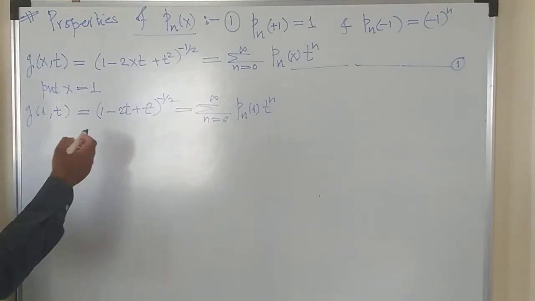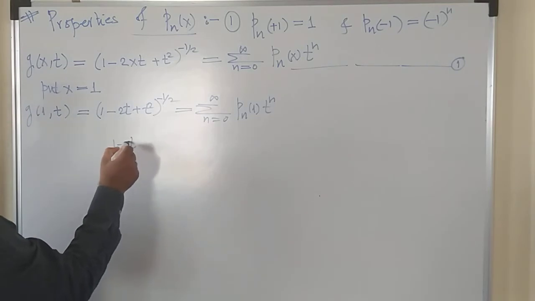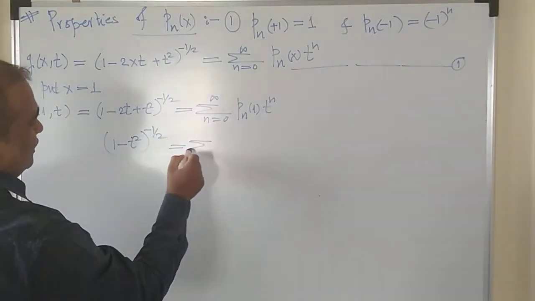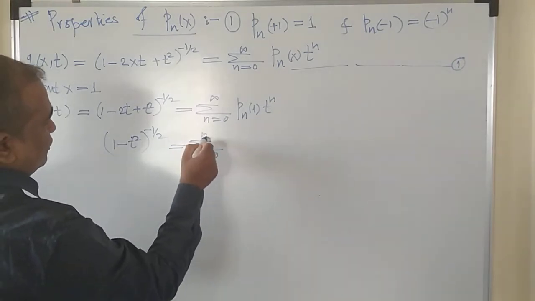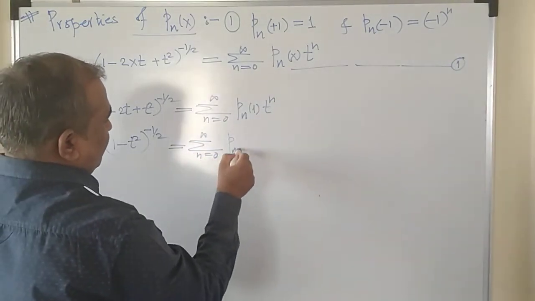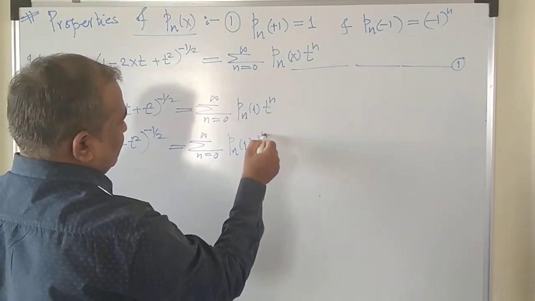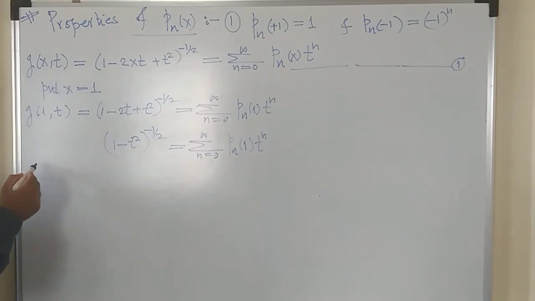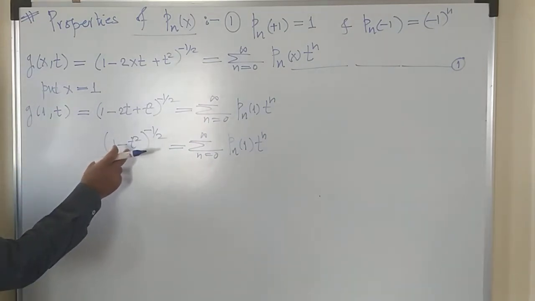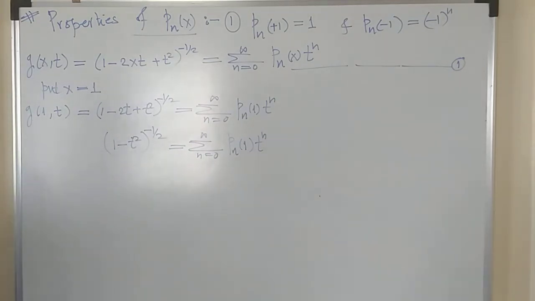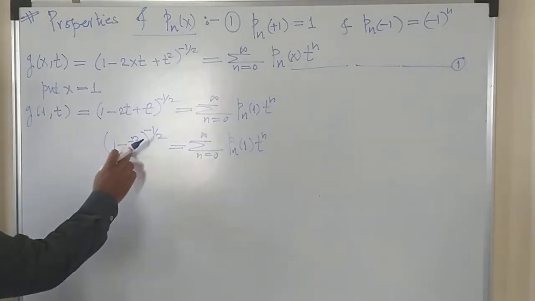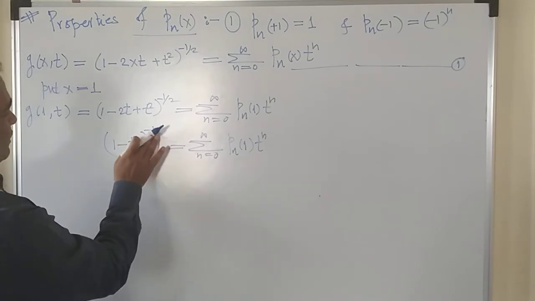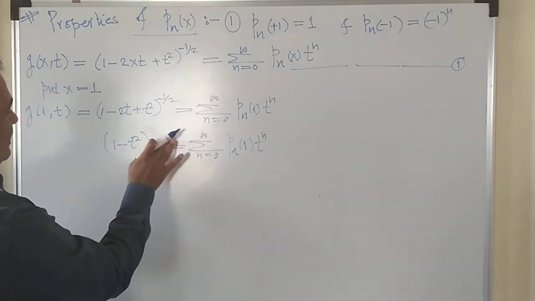So I can write (1 minus t) whole square raised to power minus half equals summation n equals 0 to infinity Pn of 1 into t raised to n.